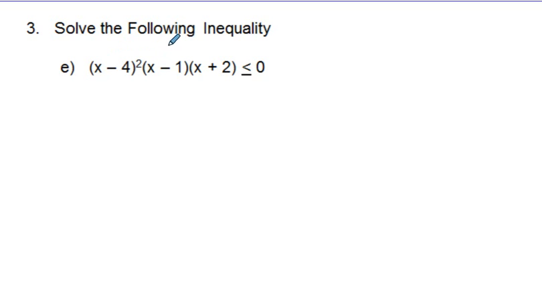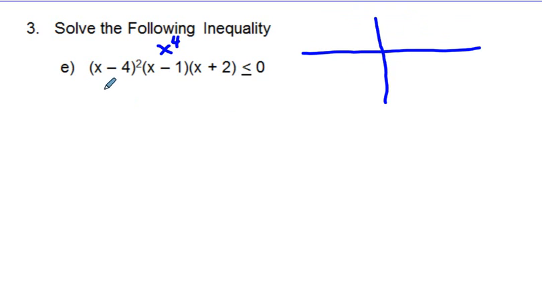So our leading term here would be x to the 4th power. And x to the 4th power is what type of polynomial function? Well, it's going to be an even positive function. And what that means for us is that we're going to start high and end high.